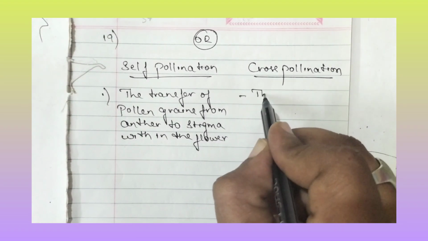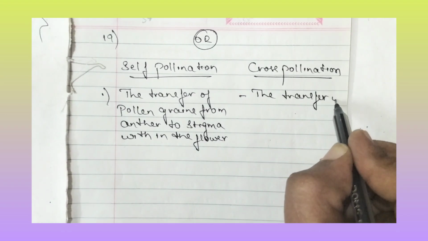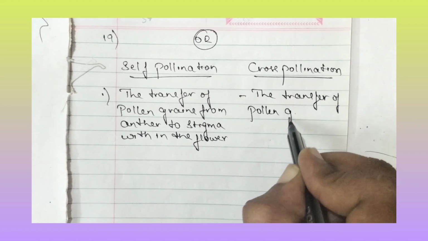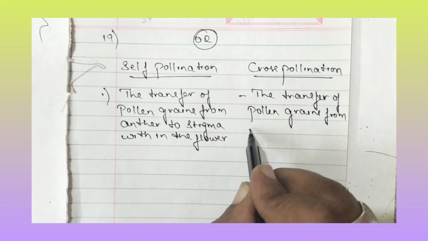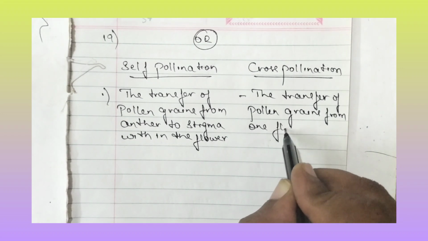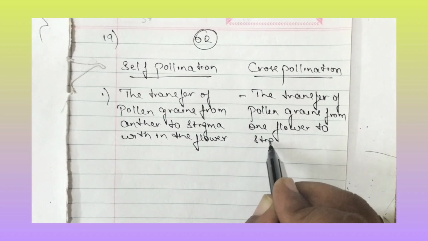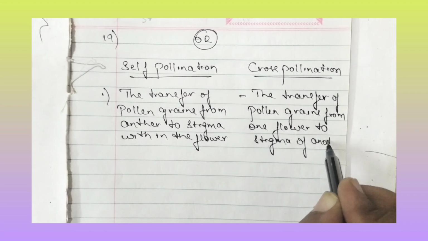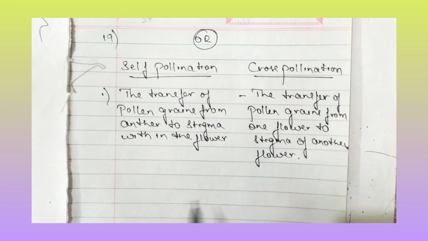Then what is cross-pollination? The transfer of pollen grains from one flower to the stigma of another flower. That is called cross-pollination.